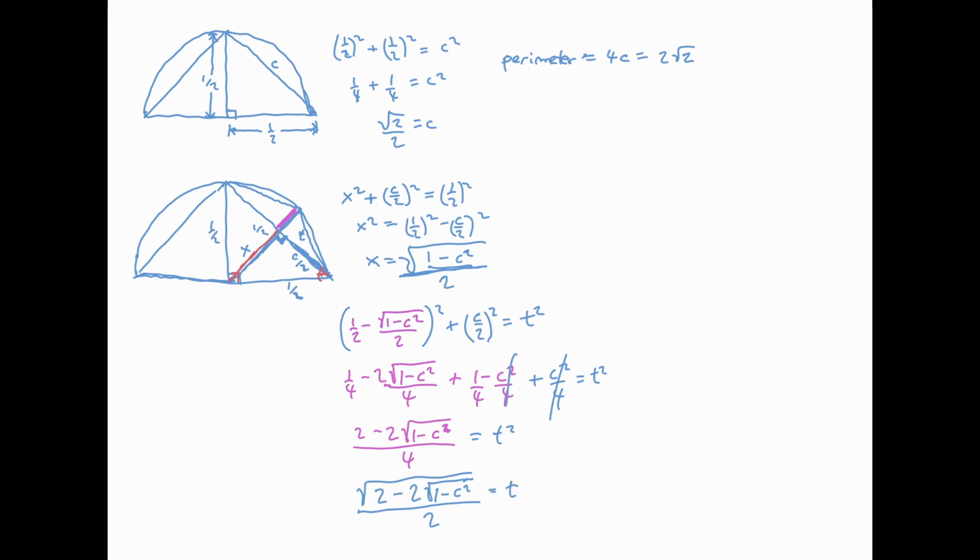So that's t. And the perimeter is equal to 8 times, because there are 8 sides in the polygon, 8 times t, which is equal to 4 times the square root of 2 minus 2 times the square root of 1 minus c squared.